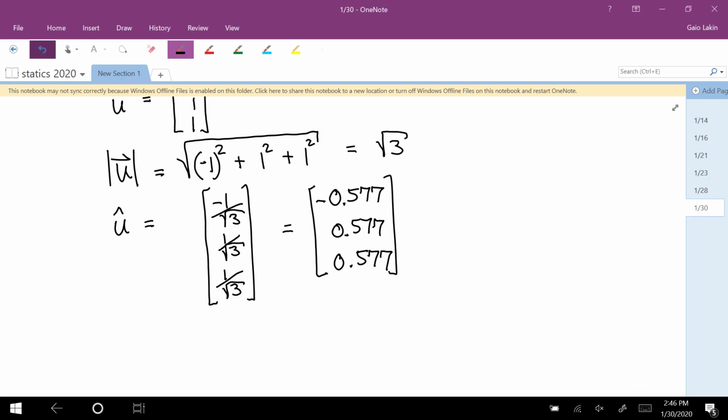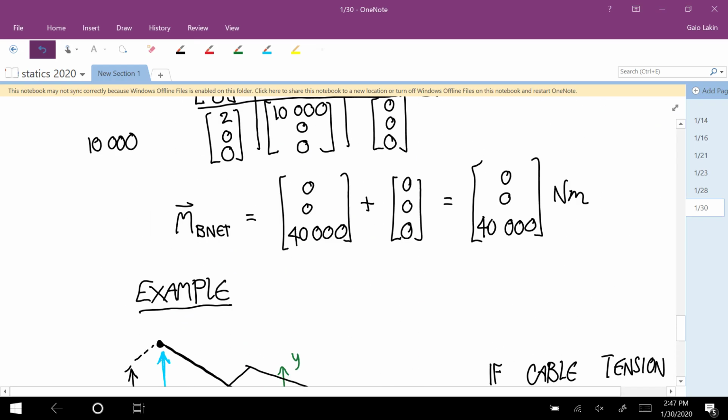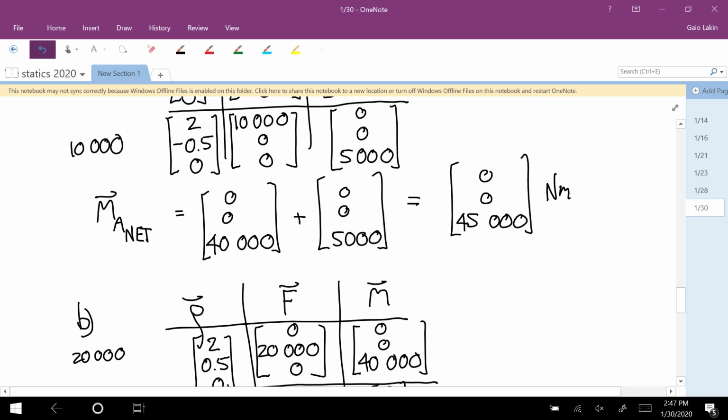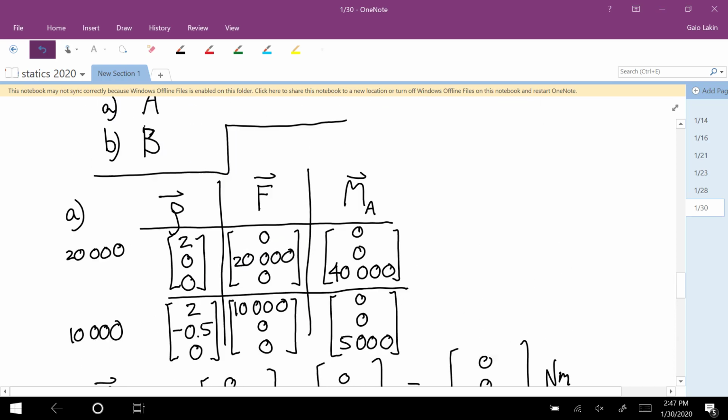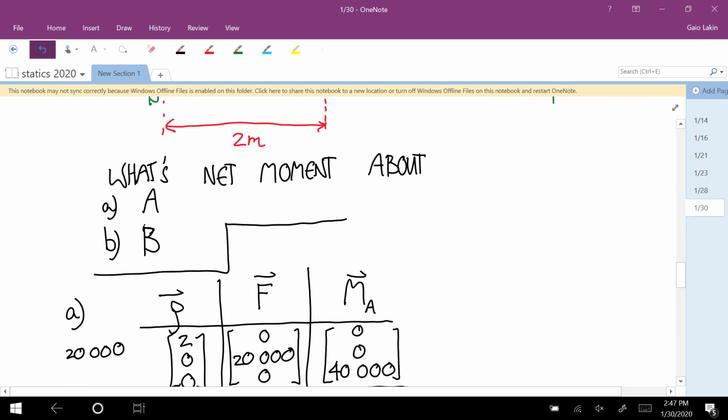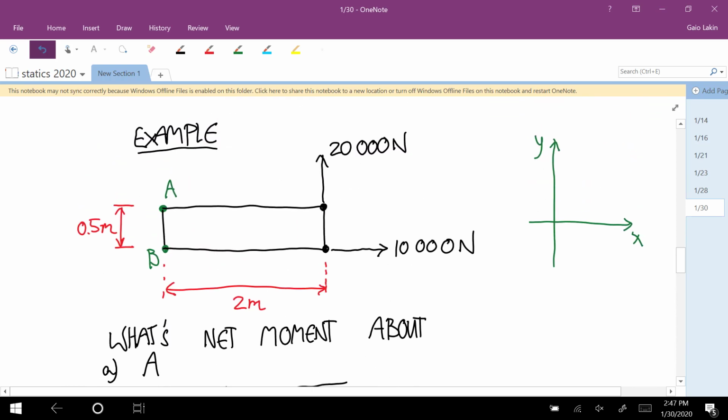Yes? Did we only not normalize the force vectors for the 2D problem? We already knew what those were, well, in a way we did. We knew the magnitude was 10,000. We thought of the unit vector in this direction, which would be 1, 0, 0, and then multiplied it by 10,000.